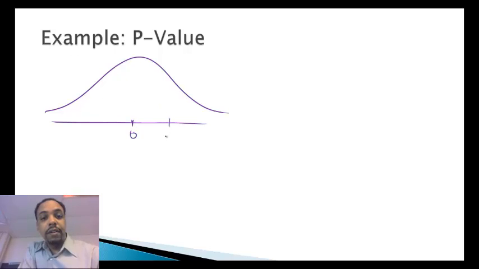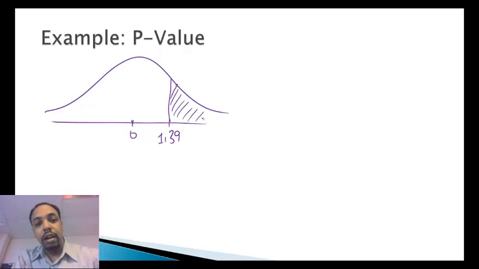Here's 0. Here's 1.39. And we had a two-sided test. So I need to find the area larger than 1.39, but on the flip side, I have to find the area smaller than negative 1.39 as well.